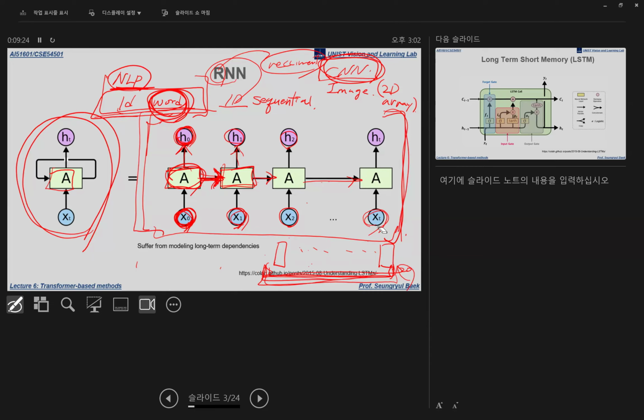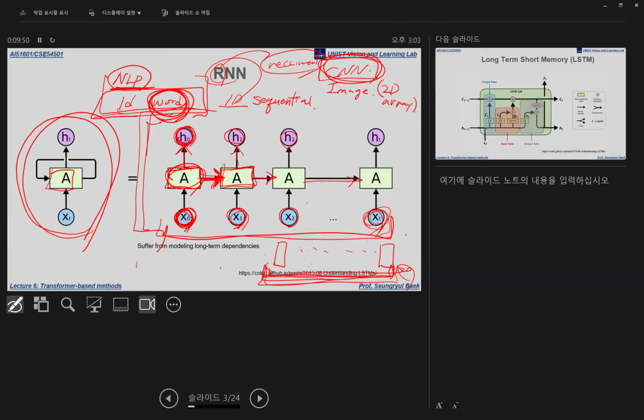A similar phenomenon is happening in these RNN algorithms. If we input more than, I'm not exactly sure about the exact length, but anyways, if we input very long sequence data, then this RNN suffers from making its gradient stable.